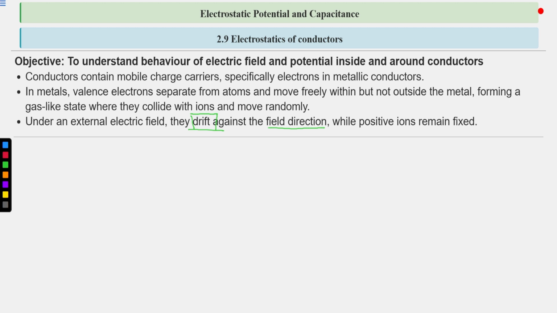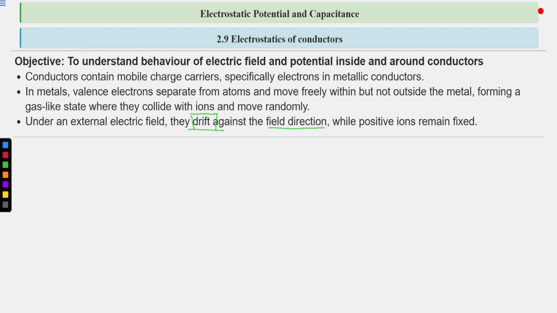Again, it will gain some acceleration and velocity, again it collides with another ion and loses its velocity. So that small portion in which it accelerates or gains velocity, that is called drift. We will do it in detail in the next chapter, current electricity. So for now, you can simply assume it as move.